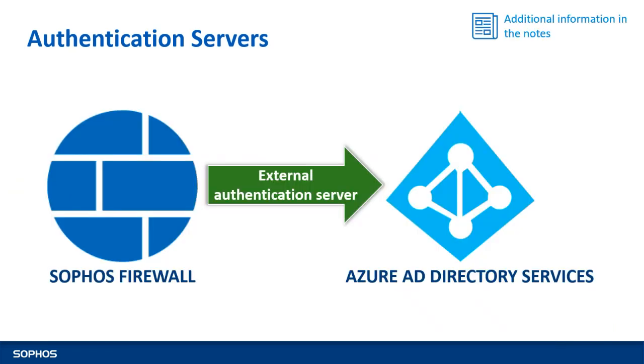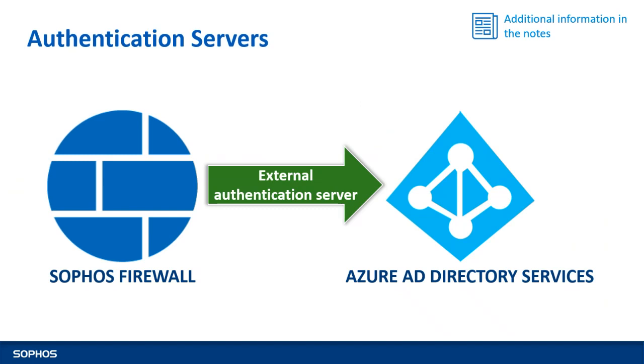If you want to authenticate users with the firewall using Azure Active Directory as an external Active Directory authentication server, you need to use the Azure AD Domain Services functionality.